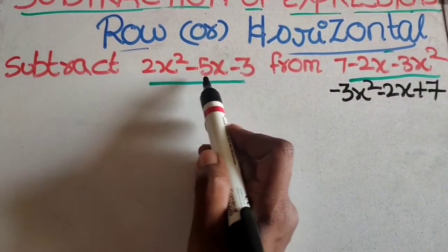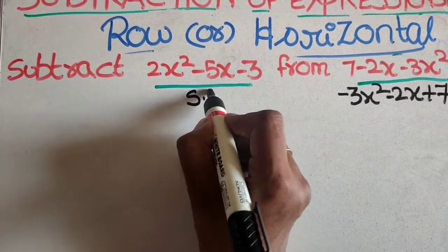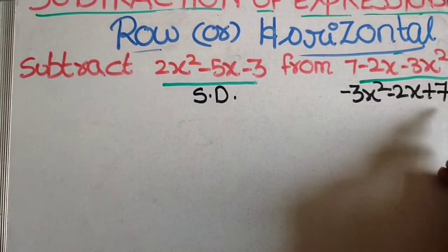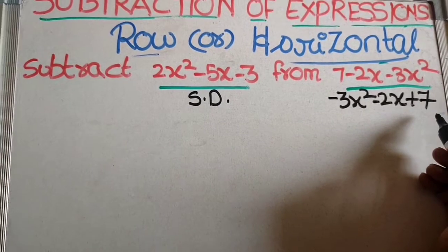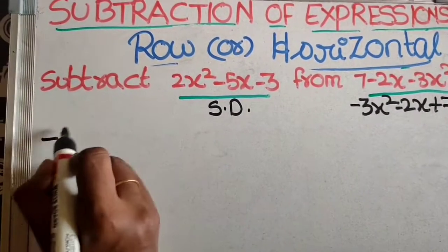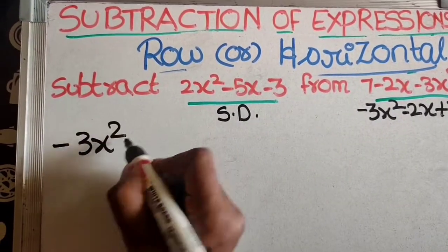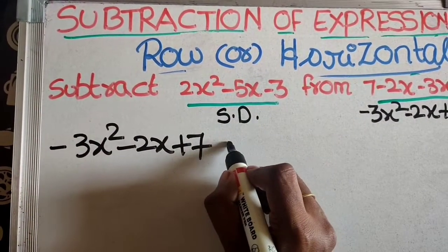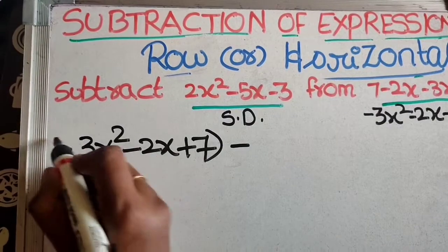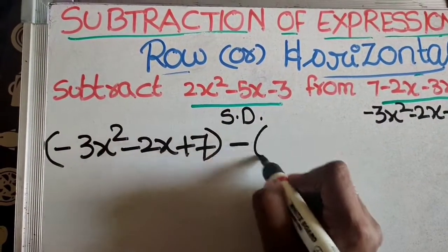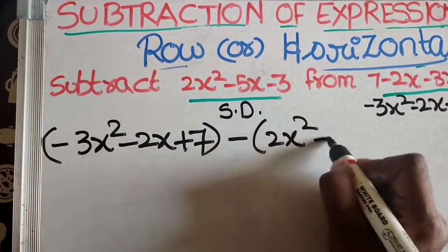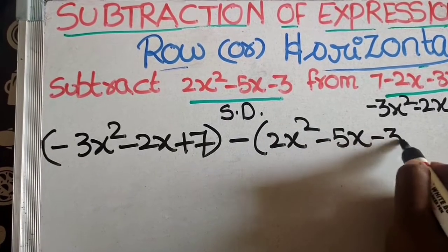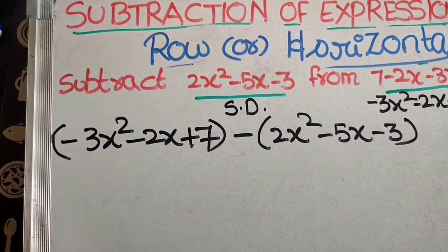As we have changed it into standard form, now we can start our subtraction. The first one is already in standard form. So now write minus 3x square minus 2x plus 7 minus of, while we are doing minus because we are subtracting here. So 2x square minus 5x minus 3.